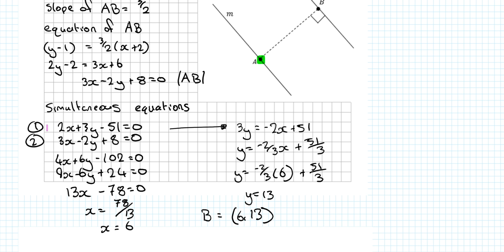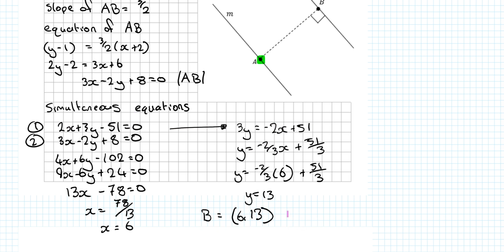Once I have x on its own, I've gone and used this over to here to try and get y on its own. So I manipulated it to get y on its own and then filled in what I know the x was. And nice to finish it off by actually giving the coordinates of point B there as asked.